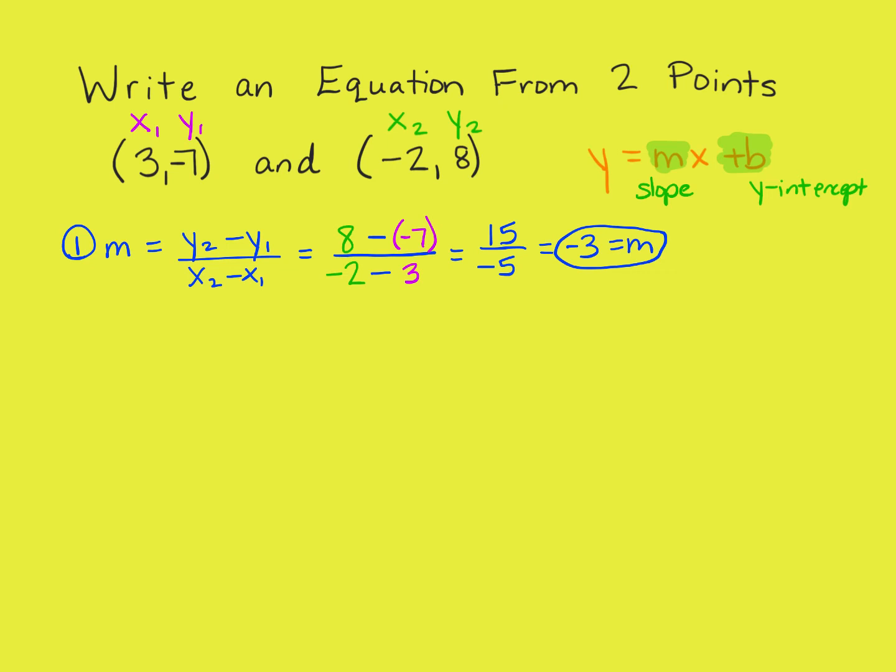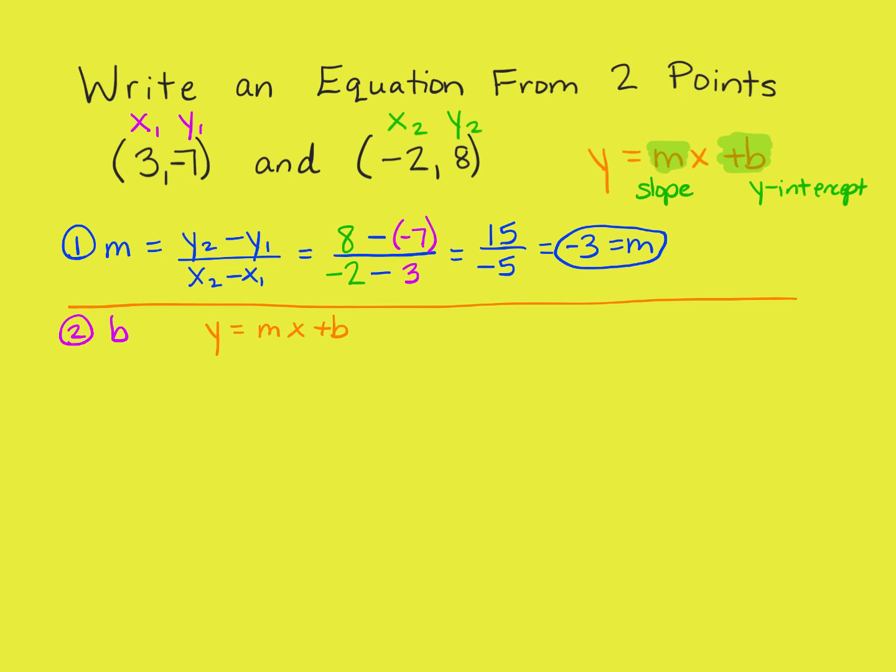Okay, next we need to find b. To get b, we can use our equation y equal mx plus b and plug in some things that we know. I'm going to pick one of my ordered pairs.